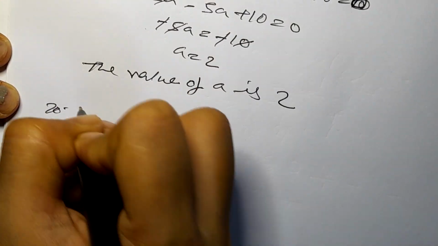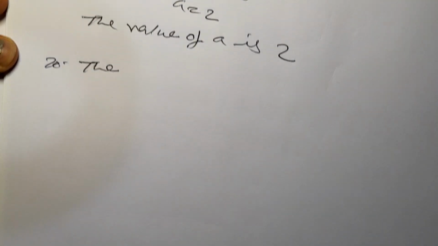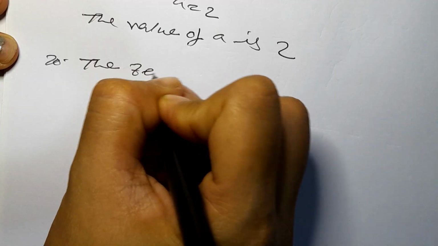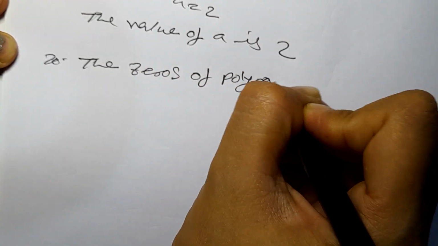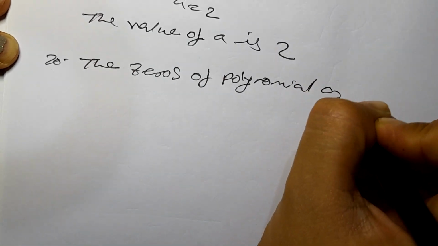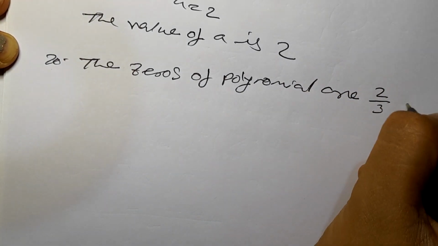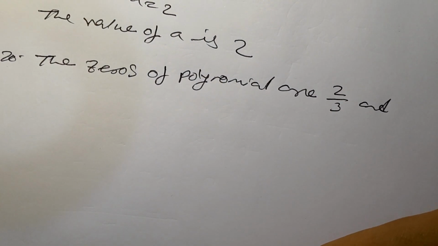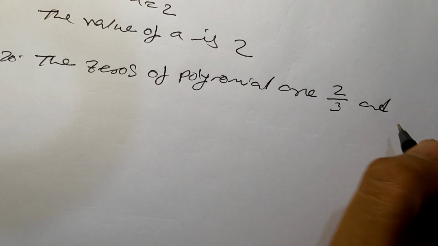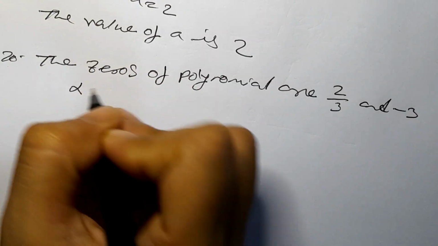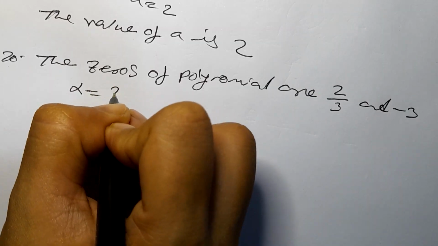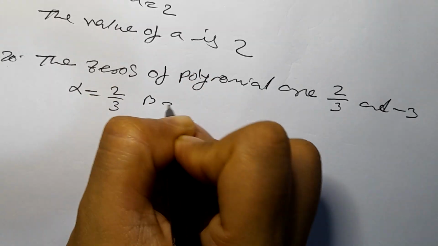Question number 20, the zeros of the polynomial are 2/3 and minus 3. We know sum of zeros, and this is given alpha and beta. Alpha equal to 2/3 and beta is equal to minus 3.